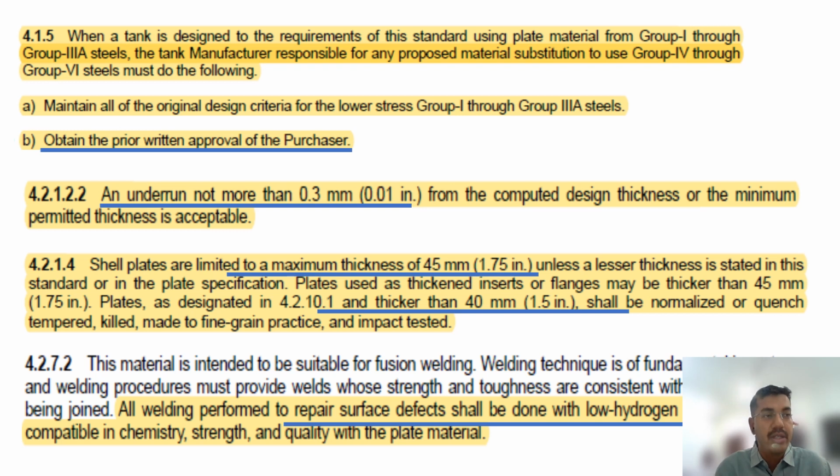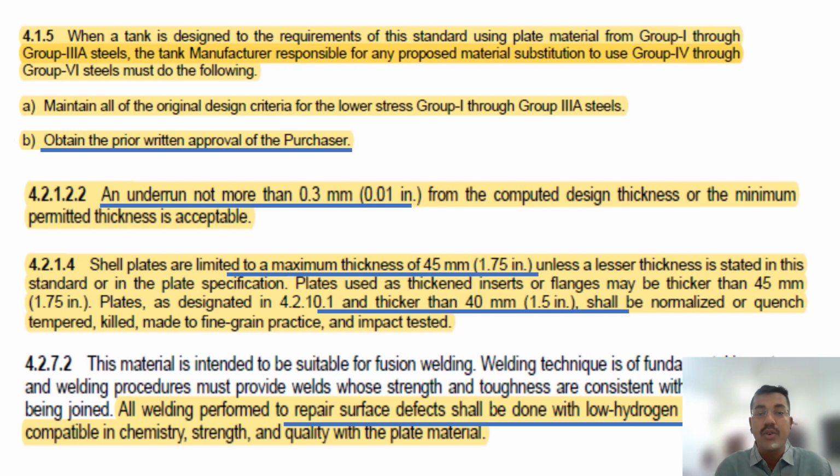If you don't know about those numbers, P number, G number, A number, please visit my previous videos where I have explained what is P number, what is F number, what is A number, what is G number, what is S number. So you are thinking about those group numbers given in ASME Section 9. But for API 650, the group number is a little bit different.